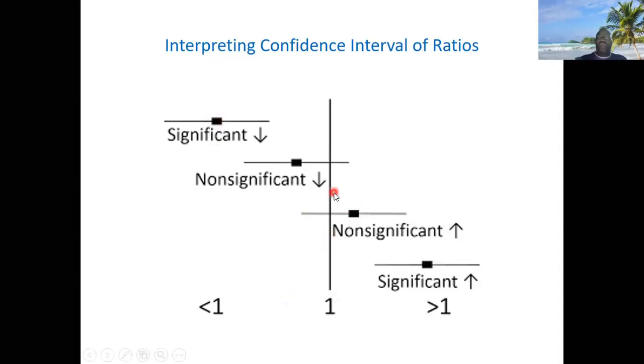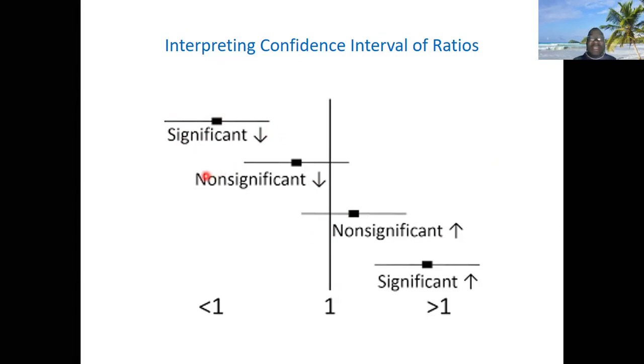So look at what we have on this diagram now. There are 4 pairs. The first one gives you a range of values from here to here, and the one in the middle is the real odds ratio or relative risk calculated. But if you look at it, both the range of values and the odds ratio are less than 1. Both of them are less than 1.